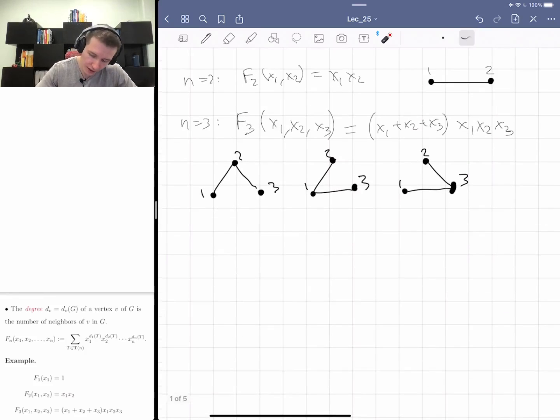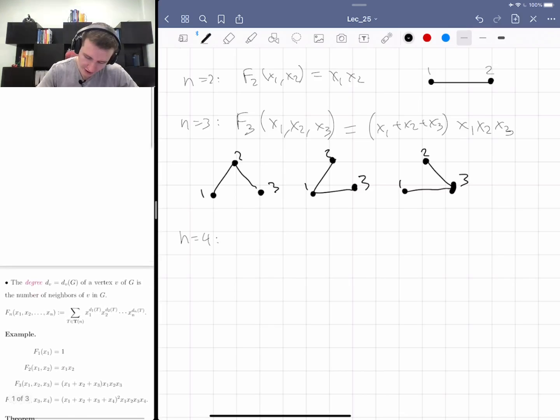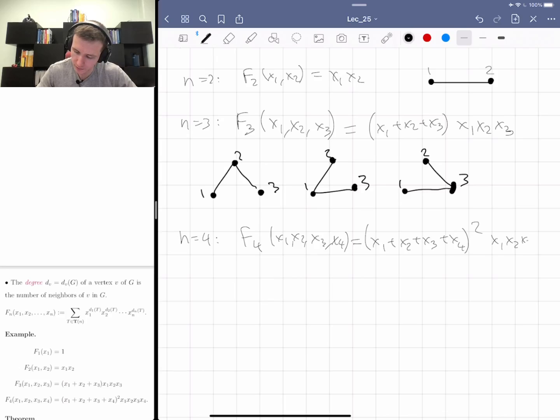Finally, I also computed the case where n is equal to 4. In this case, the answer, f4 of x1, x2, x3, x4, was something like this sum squared times x1 x2 x3 x4.